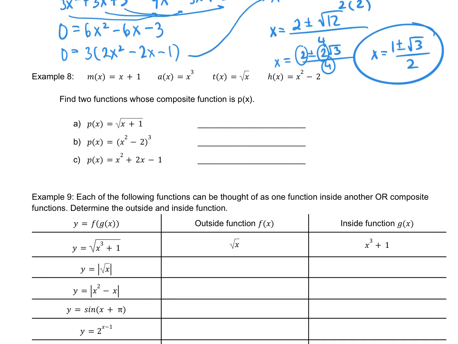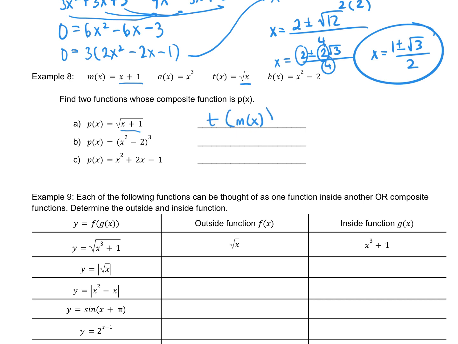Okay, in the next example, you're given a few different functions, and right here we're given some composite functions, and we need to determine which two functions made up each of these. So what's the inside function, what's the outside function? When I see p of x, the x plus 1 is m of x. M of x must be the inside function, and it was put into this square root function.